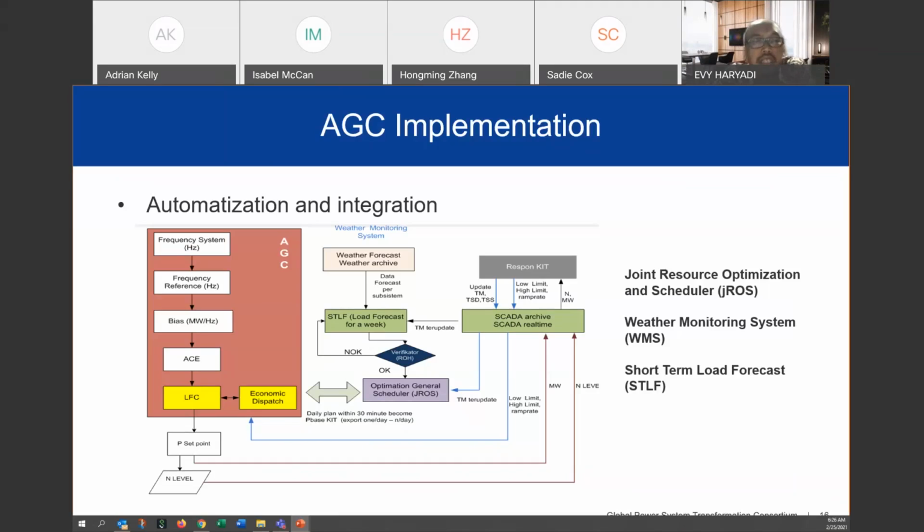This weather forecast is very, very important for us from now, especially if new renewables come into our system. And we want this weather forecast also integrated in the real-time control system. Next.